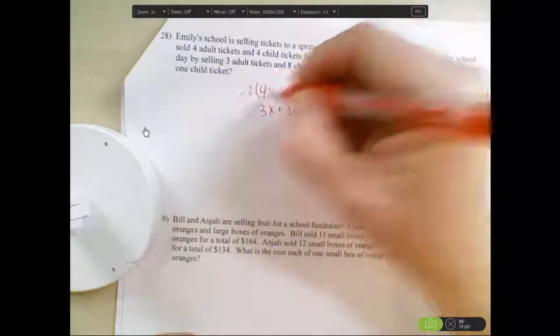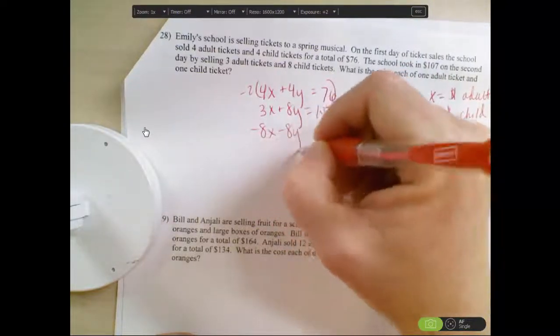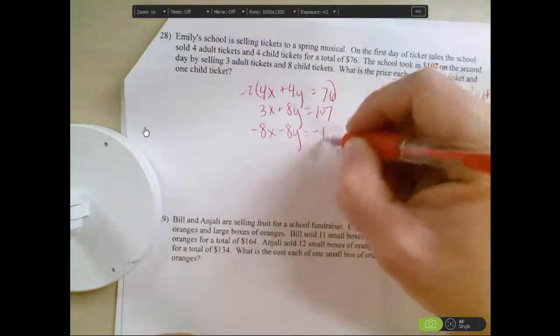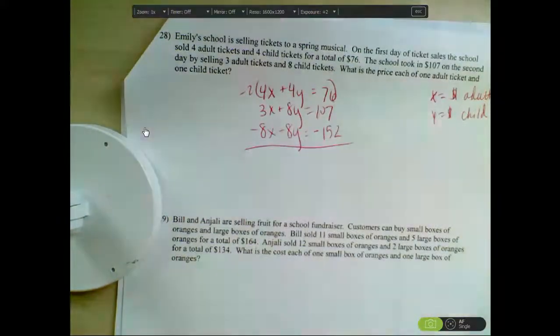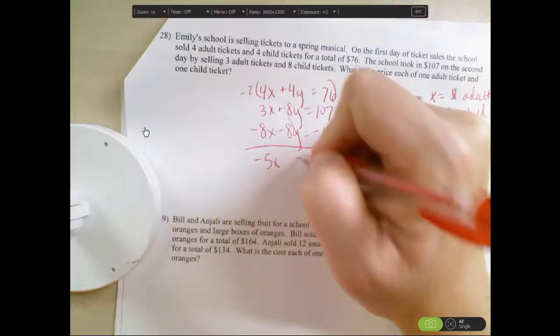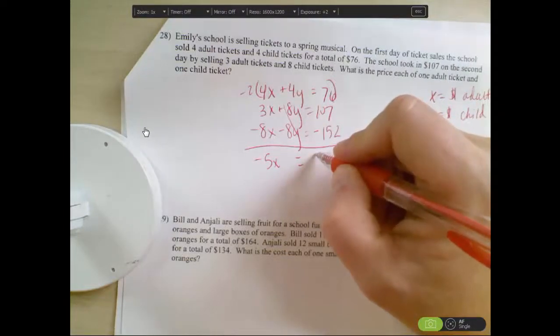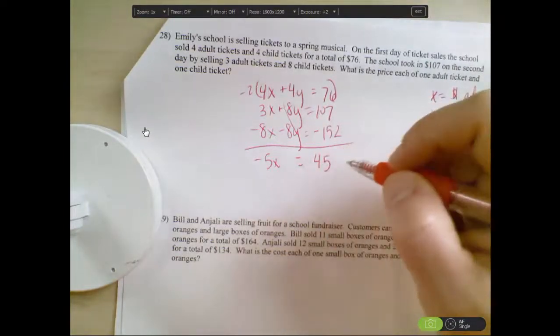I'm going to multiply the top equation by -2 to make the y's go away. So I get -8x minus 8y equals -152. I should probably take my calculator out just in case. 3x minus 8x is -5x. The y's go away. And 107 minus 152 is negative 45.